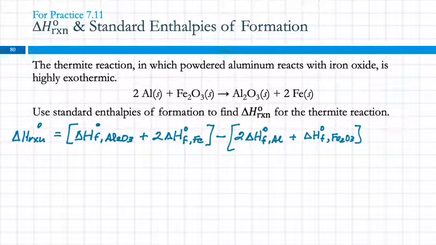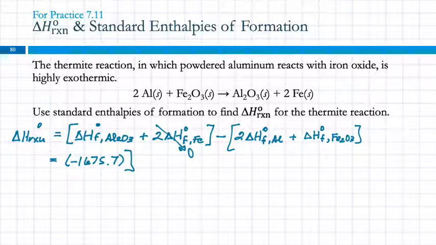So I looked up those values, and so I can plug them into the equation. I need the heat of formation of the Al2O3, so that's minus 1675.7, plus 2 times the heat of formation for iron. This is an element in its standard state, so it's 0. 2 times 0 is still 0. So there's my products, minus the heat of formation of aluminum, that's also an element in its standard state, so it's 0.